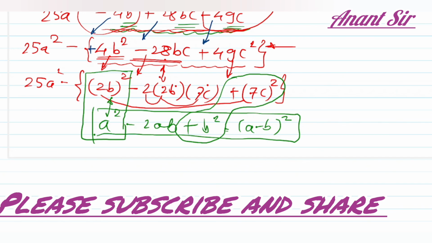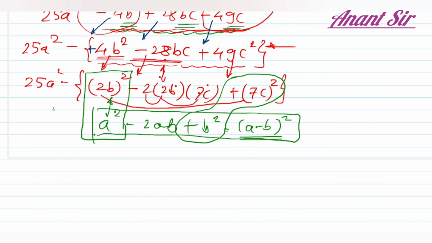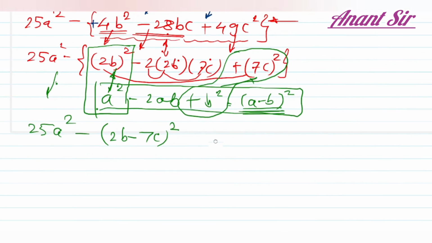It is 7c square. So we have to put the answer a minus b whole square here. I am writing this 25a square as it is, and I will write this a minus b whole square is the answer. So in place of a, I have to write 2b here, and in place of b, I have to write 7c here. So 2b minus 7c whole square.